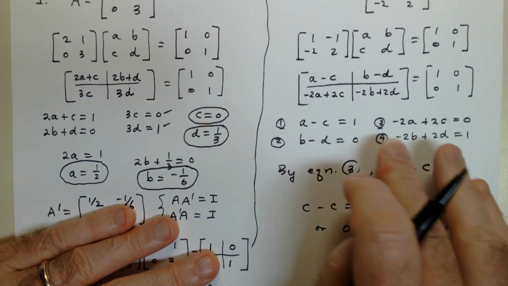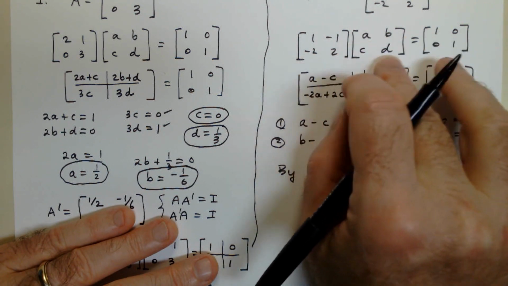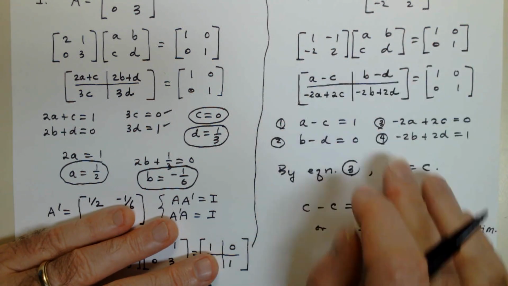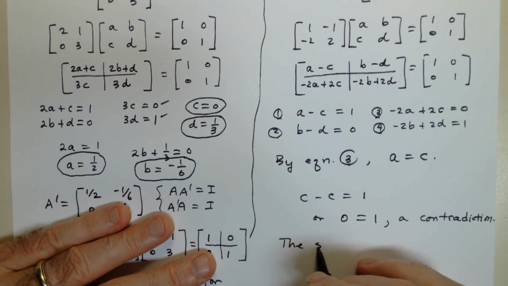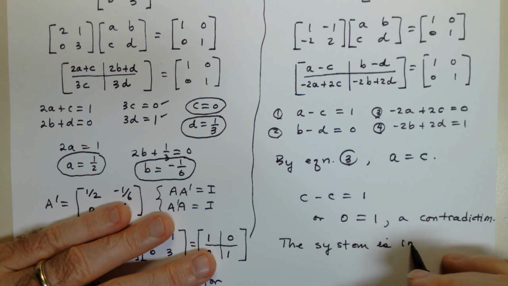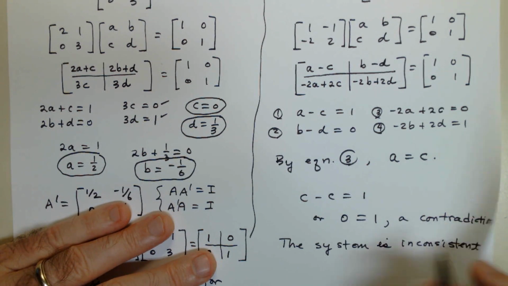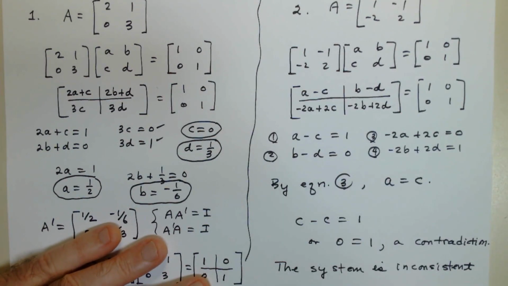And what that means is that this system of equations is inconsistent, and that means that there is no choice of A, B, C, and D that will ever solve this matrix equation. So the system is inconsistent. And the upshot of that is the matrix A is not invertible.